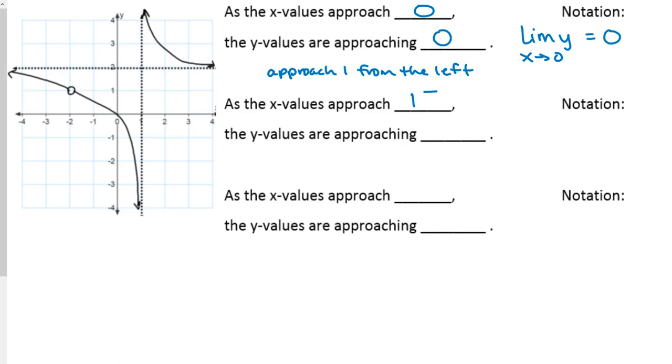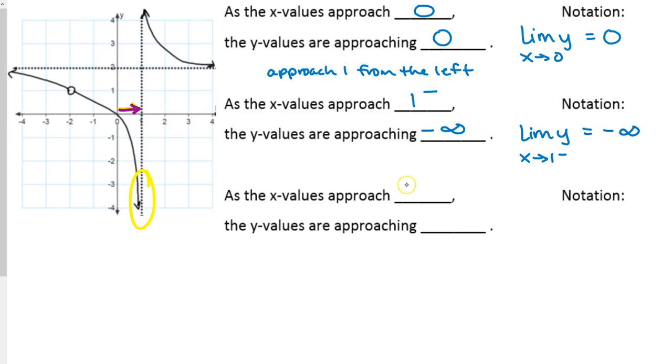So we're just looking at coming in this way. What's the graph doing? The graph is going down toward y values, I guess toward negative infinity. The y values are just getting lower and lower and lower. So we would say the limit of y as x approaches 1 from the left is negative infinity.